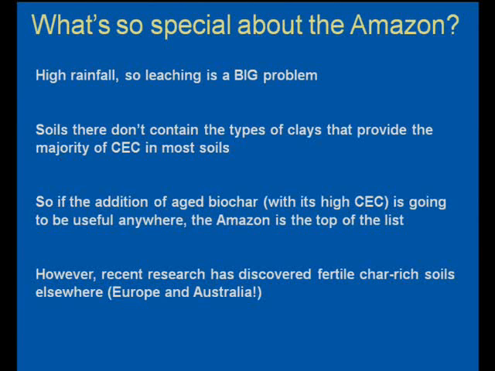Another point about the Amazon soils is they contain different types of clays to the types of clays that we have. Generally, they have clays that don't have much cation exchange capacity. In most soils, it's the clay minerals that contribute the cation exchange capacity or are responsible for the cation exchange capacity of soils.